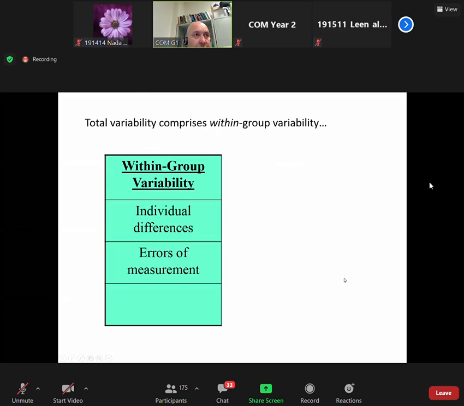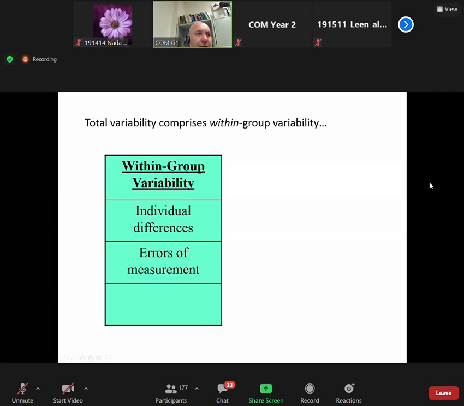All right. Now, we can measure variability in terms of variance, and we get that variance in two different ways. If we've got three groups, for example, we can look at the variability within each of those three groups, and we can get an estimate for the variance.